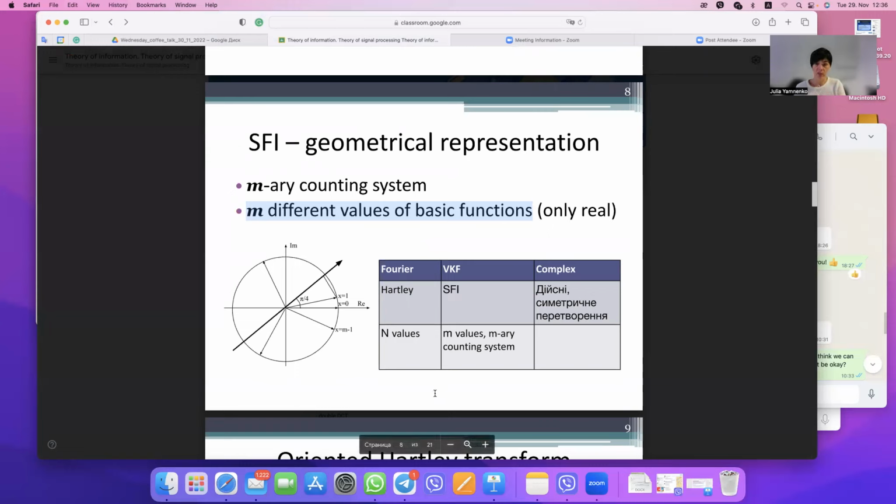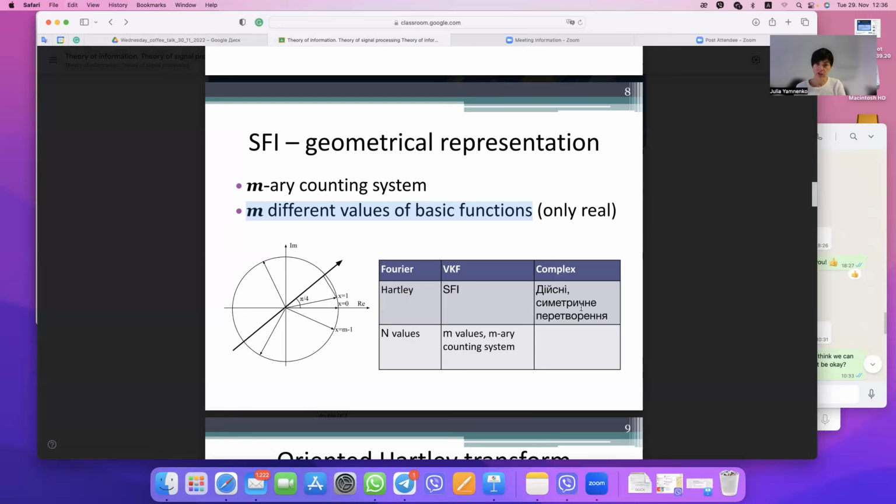So there is a table that illustrates the comparison between different methods. If we have a look at the first horizontal row of this table, we compare Fourier and Vilenkin-Christensen functions. The common feature for them both is the complex values. If we have a look at Hartley and SFI, they are real.